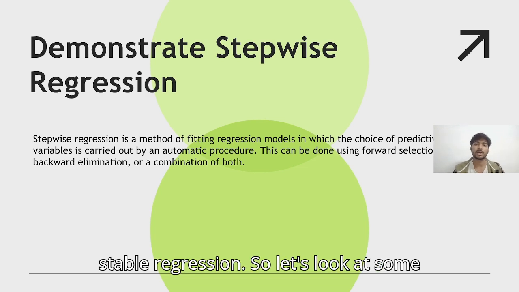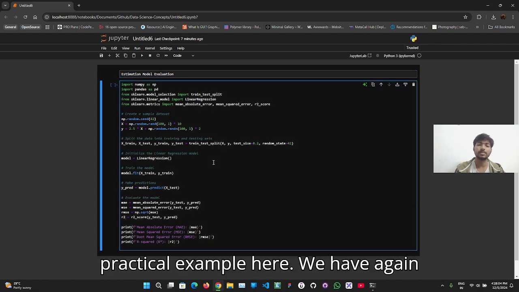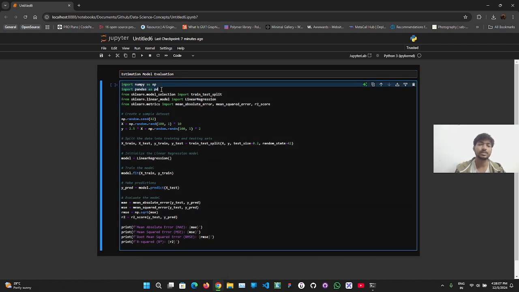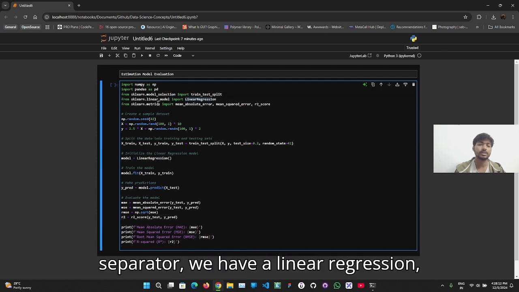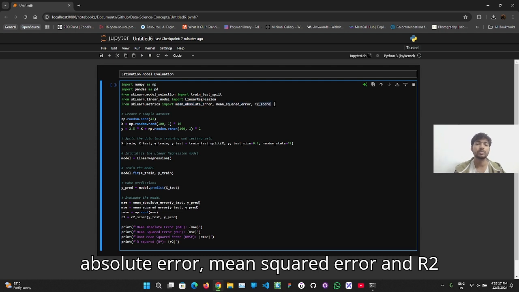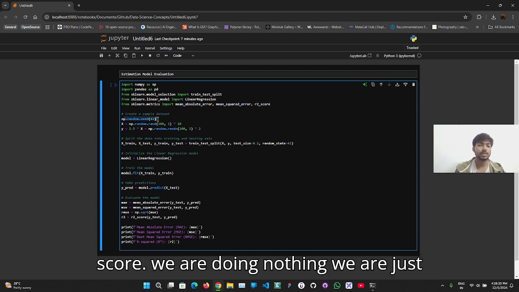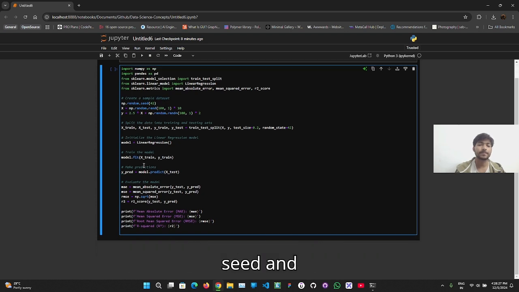So let's look at a practical example here. We have the train test split, a linear regression, and metrics that will calculate the mean absolute error, mean squared error, and R2 score. We are just creating a sample dataset with this NumPy seed.